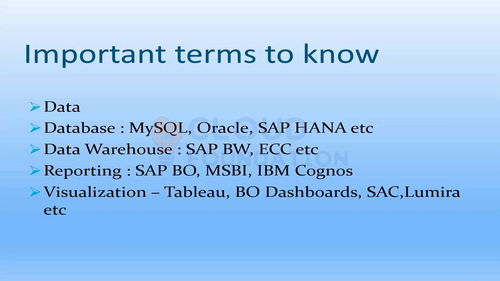It is more interactive, so that analyzing users can get more insights. Examples of reporting tools are SAP Business Objects. We can say one tool from each company: from Microsoft we have MSBI, from IBM we have Cognos, from SAP we have SAP Business Objects. We know how competitive this reporting is.